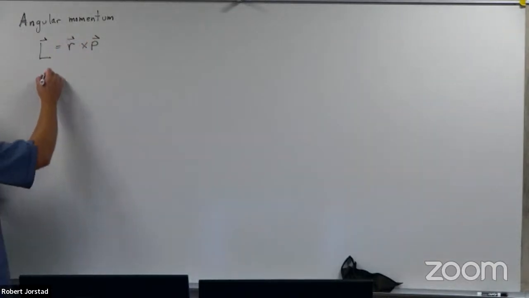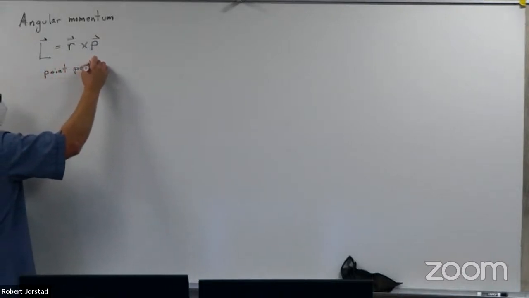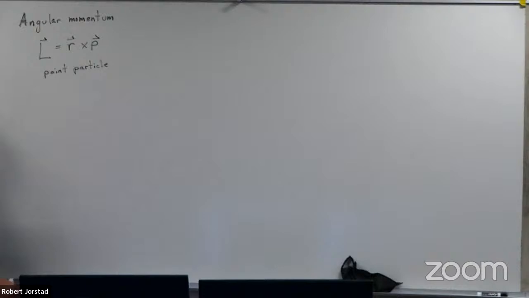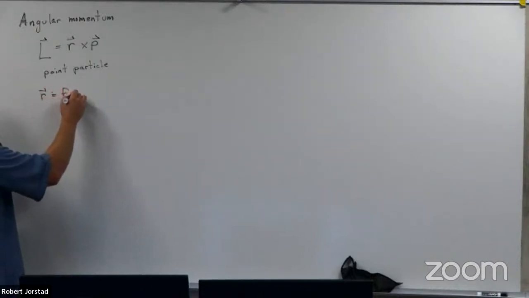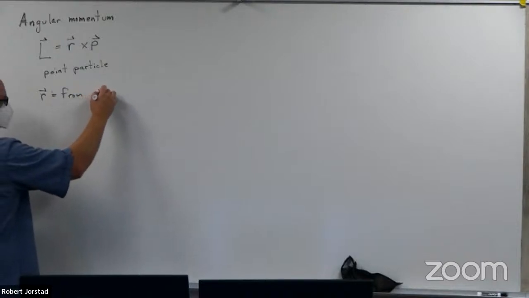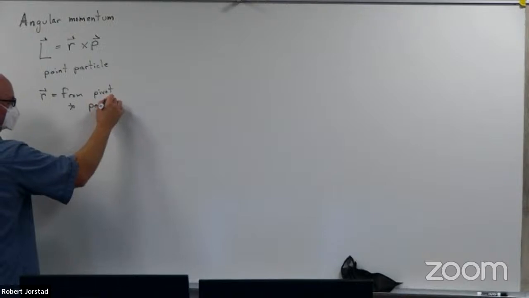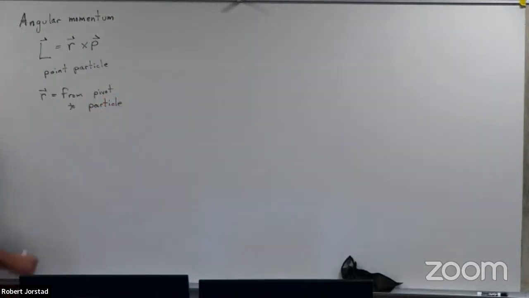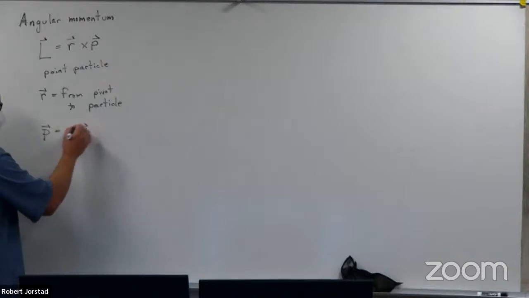Right? And this is true for a point particle. R is from the pivot to the particle. P is equal to the particle's mass times its velocity.